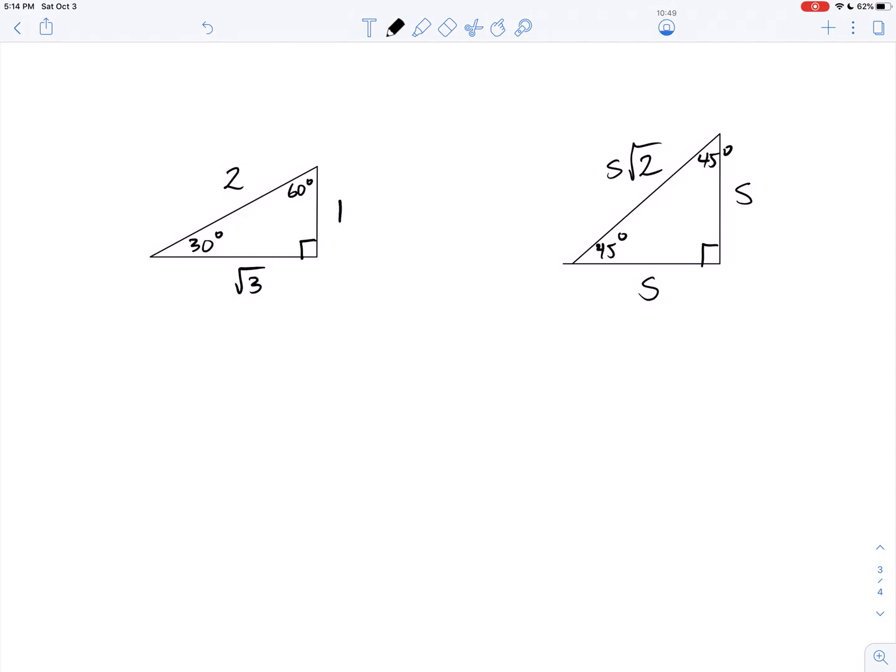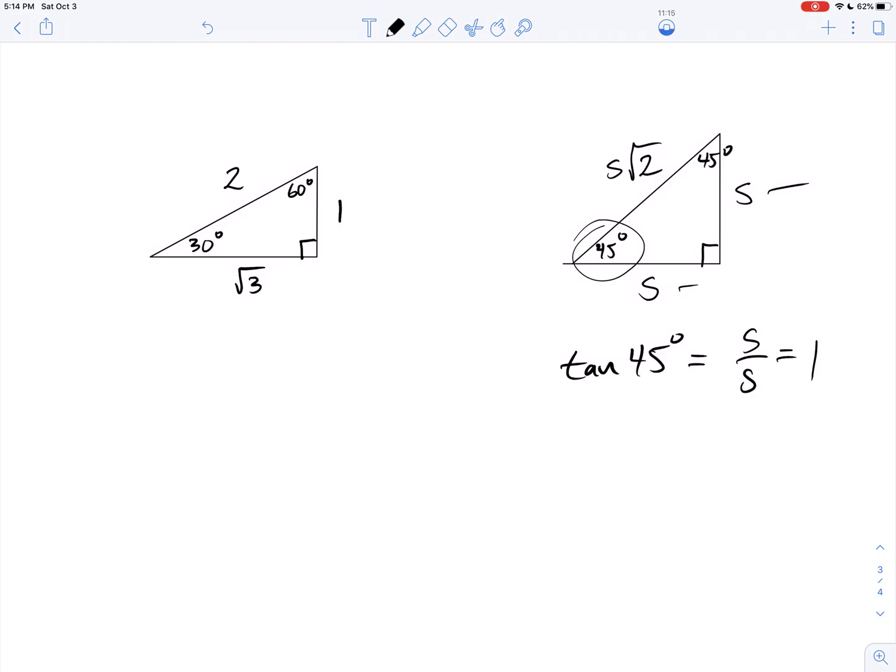Well, guess what we're going to do in trig? We're going to say, you know what? If I do any of the trig ratios with this stuff, any of them, pick one. If I did tangent of 45 degrees, guess what I'm going to get? Well, pick either one of these. They're both 45. So that would be opposite over adjacent. What do I get? 1.